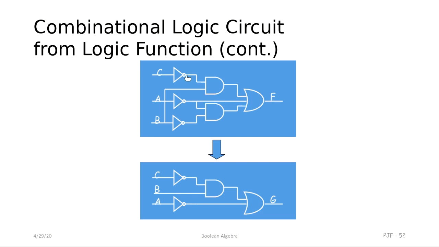Because for each gate it will take some energy and it will take some time to produce output. So the output F, you will get after using more space, using more energy, and using more time.